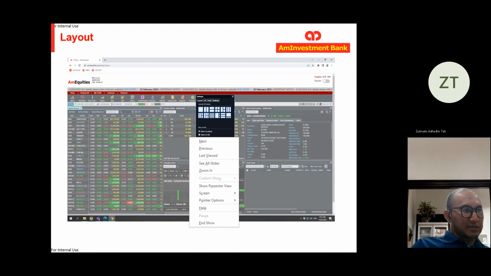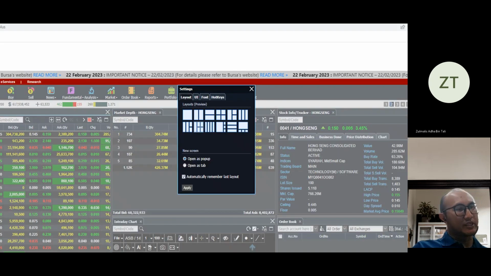Some of you might know this, but I just want to point out here. We actually can do layout setting. Just go to setting. You can choose the layout that is comfortable to you. You can have multiple screens under one page.